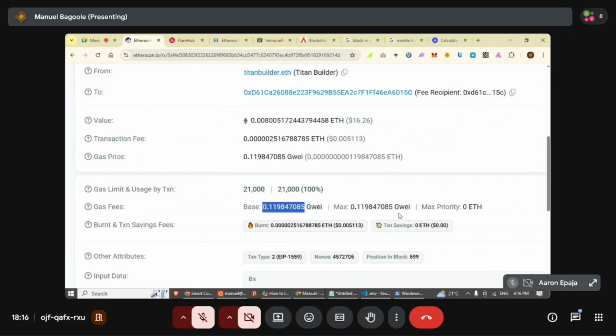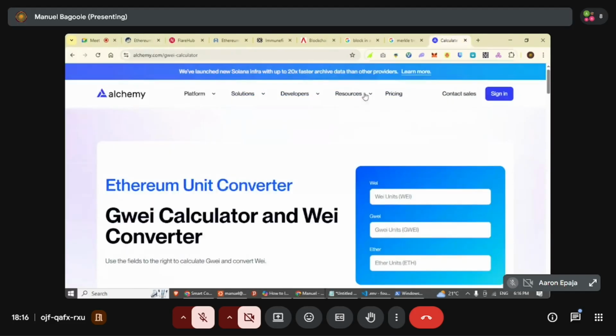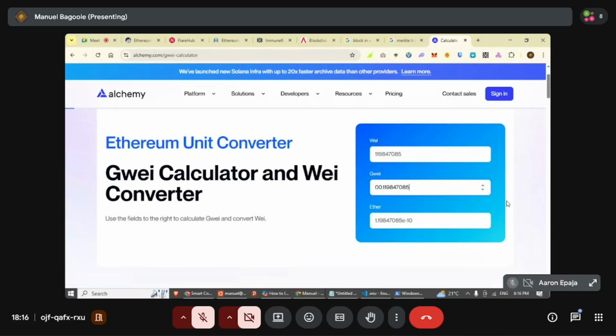I want to see if I can come back to this same value in dollars of ETH by using the conversion that we've already determined. So I'm converting this amount of gray to ether. Let's see if we calculate this, it will give us the same result as we see here.